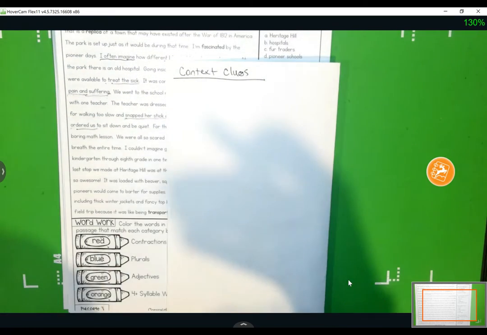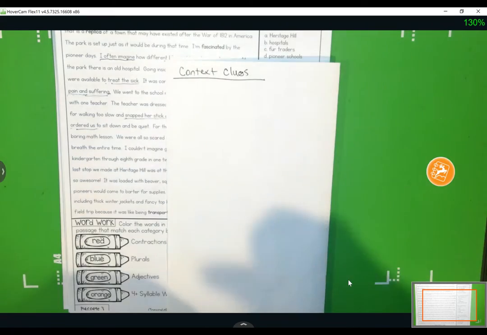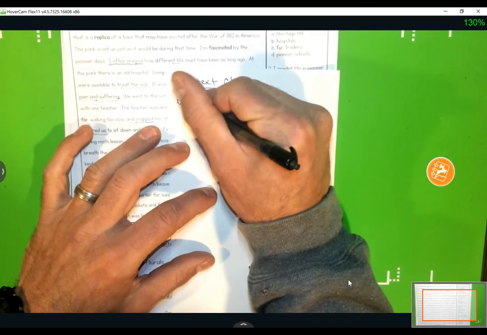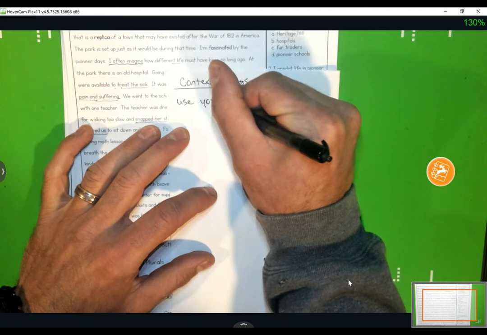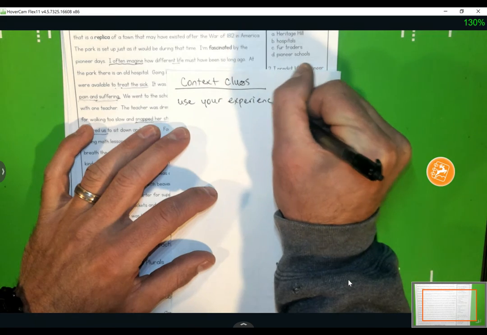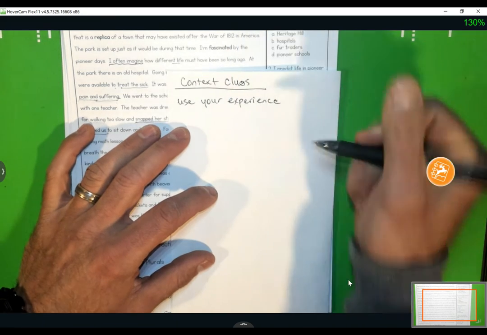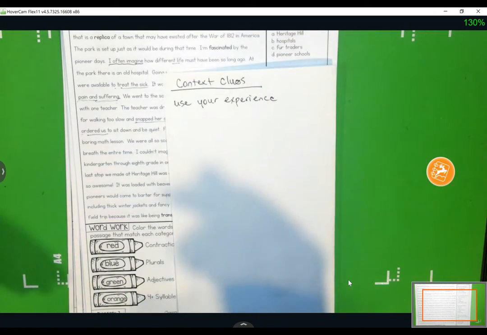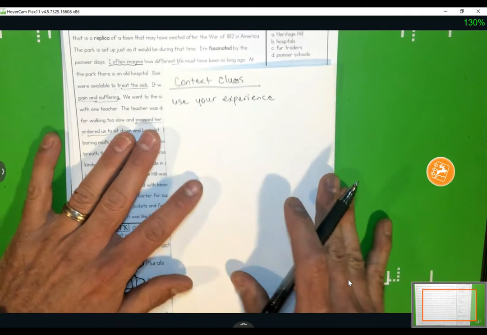Have I watched a movie where I was able to hear it and see somebody speak it at the same time? So use your experience with the word itself. That can help you to build a foundation for possibly what the meaning of this word could be.